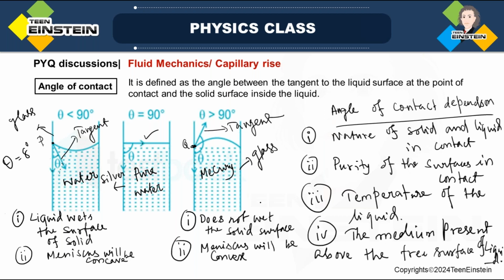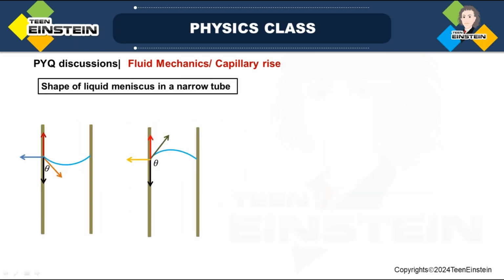All right. Let us go to the main point now. The shape of the liquid meniscus, how it varies for different liquids. Okay, so let me draw the liquid over here. We have already understood the example.